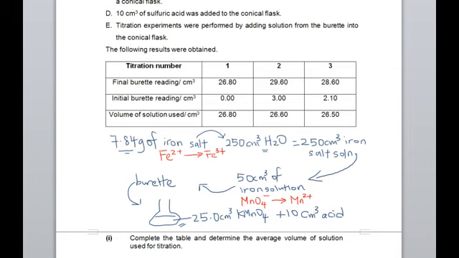So what you can observe is that the conical flask is filled with purple KMnO4 and that the burette is filled with light green Fe2+ solution.